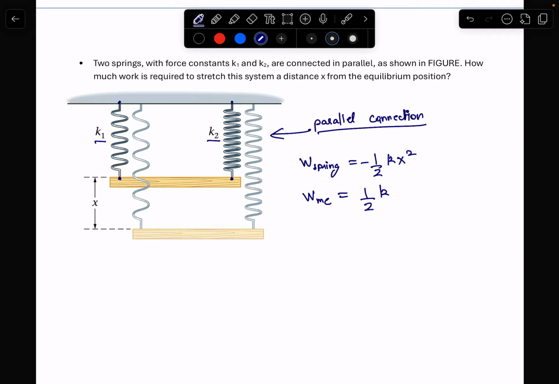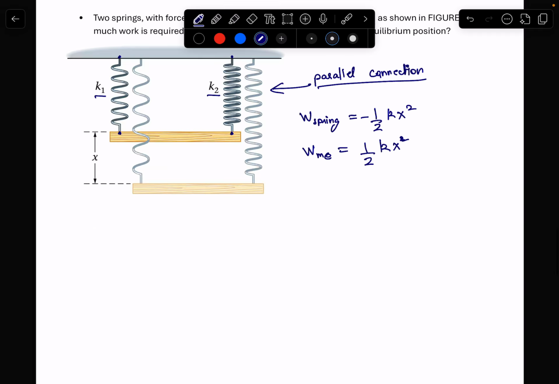So I have to perform half k x square work to stretch one spring, right? If this entire system is stretched by distance x, should my total work just be equal to work done on spring 1 plus work done on spring 2? Yes, it should.